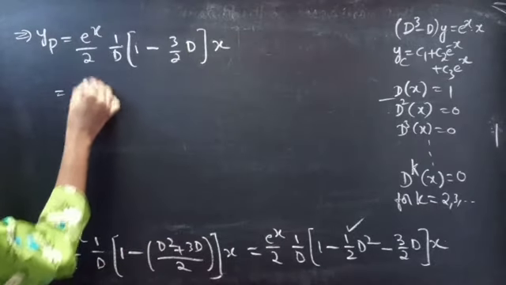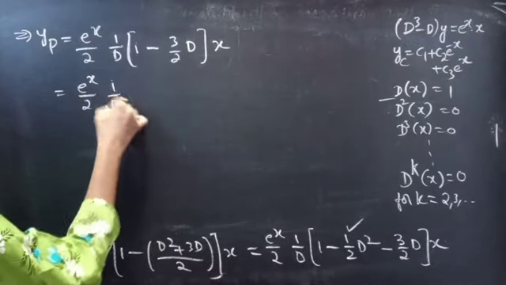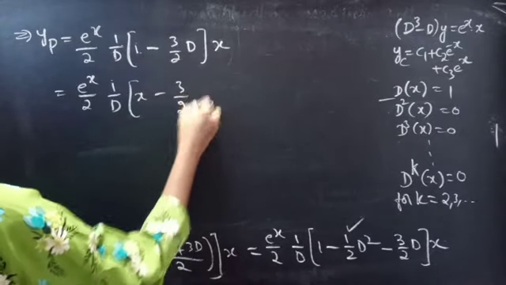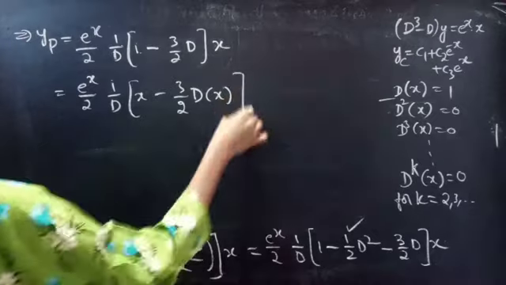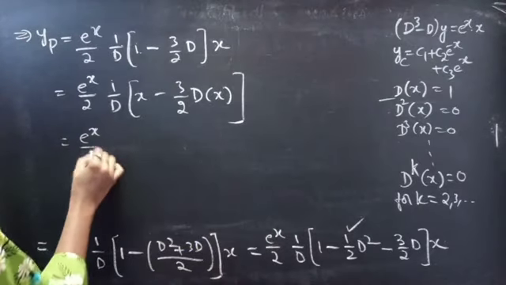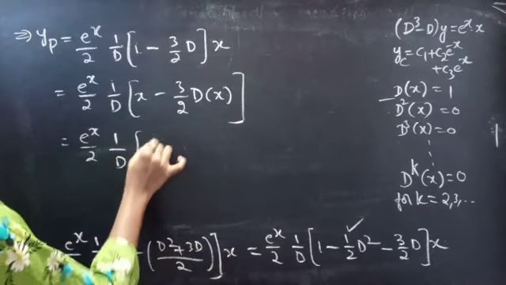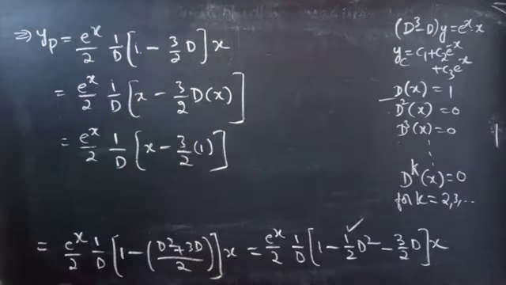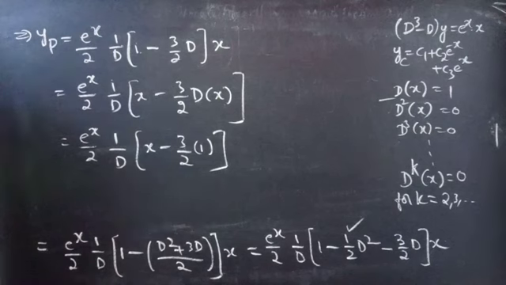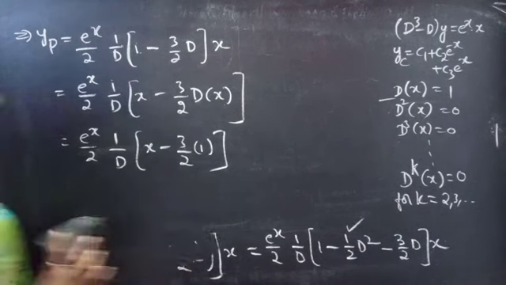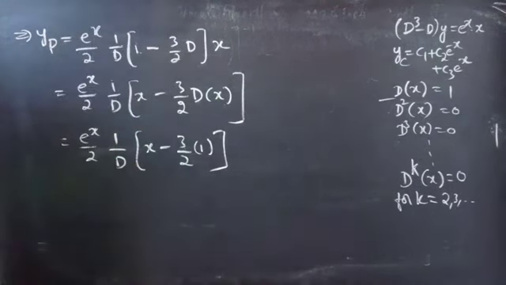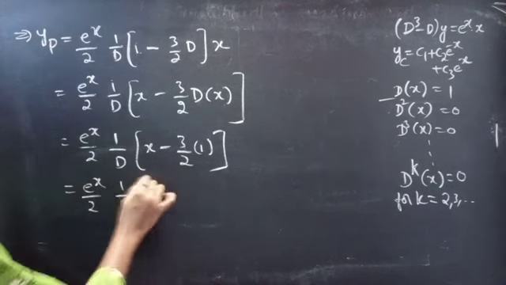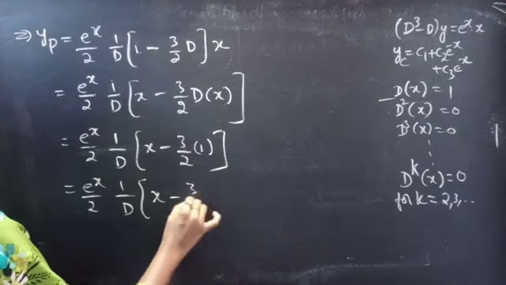This equals e^(x/2) · (1/d) · [1·x − (3/2)·(derivative of x)], and the derivative of x is 1. This becomes e^(x/2) · (1/d) · [x − 3/2].